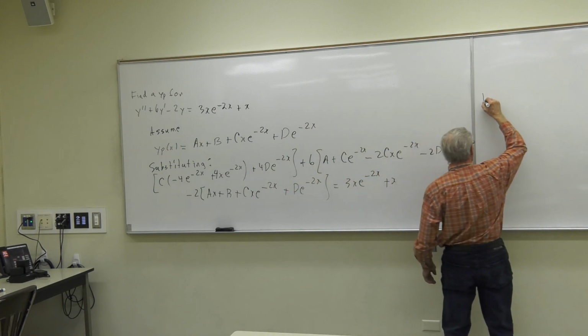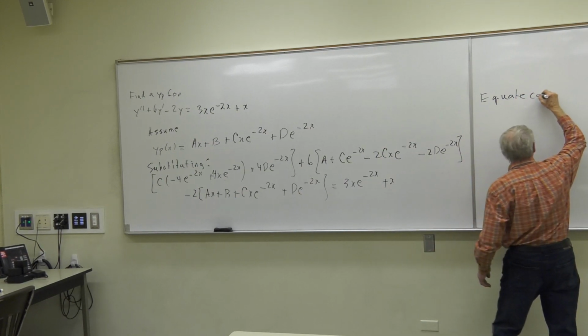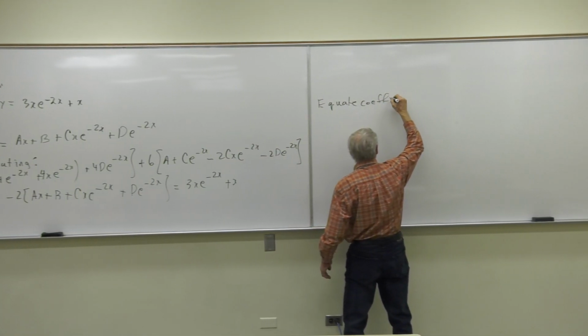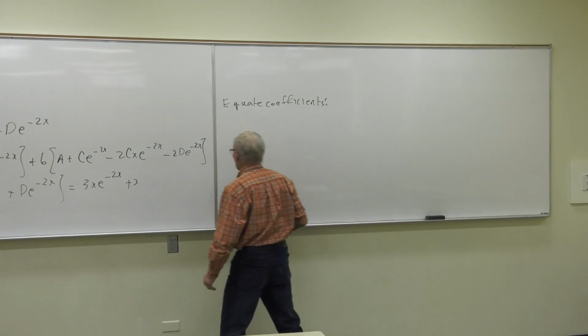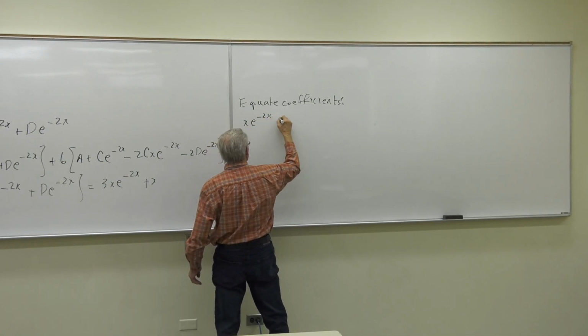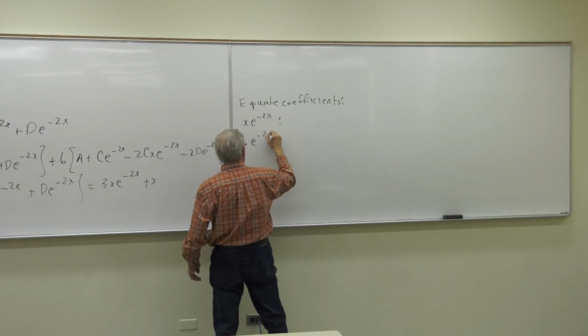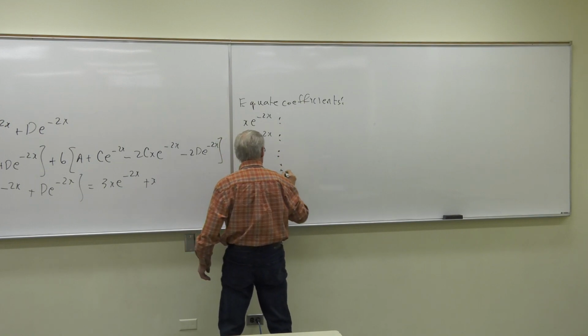If we equate coefficients, let's see what we get. We have x e^(-2x) terms, we have e^(-2x) terms, we have x terms, and we have constant terms.